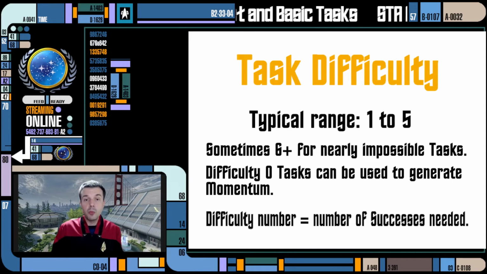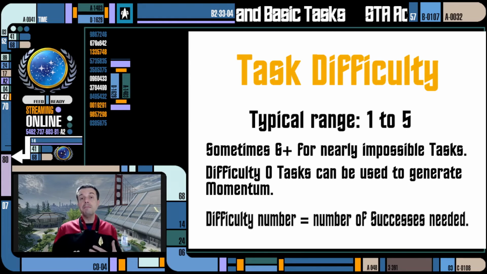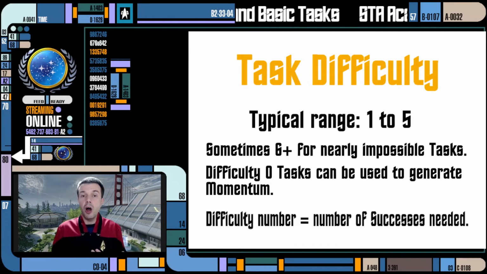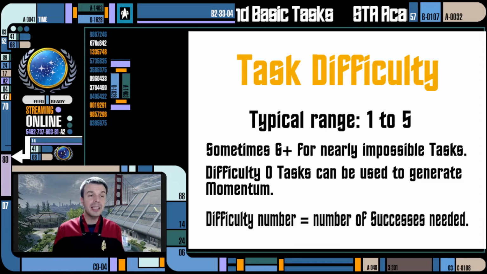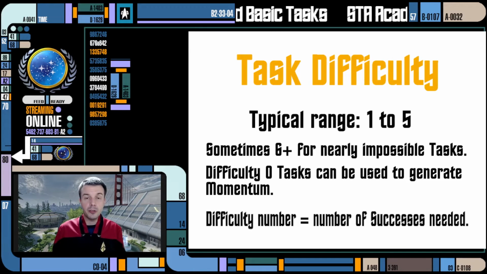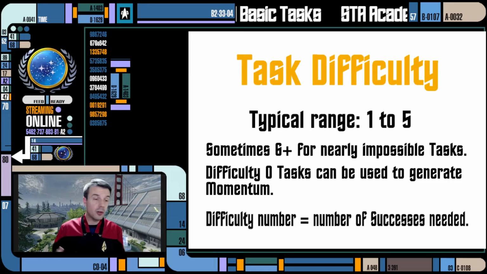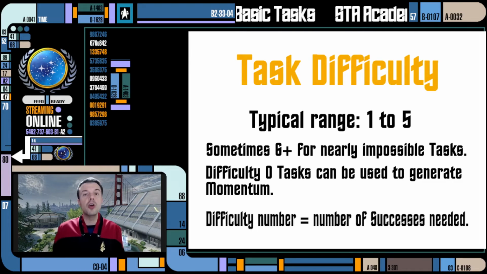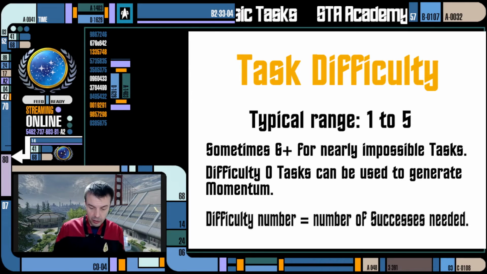However, there are reasons to call for a 0 difficulty, and sometimes things might be massively, almost unfathomably impossible. So you might bump up the difficulty to 6, 7, 8, who knows where. But in general, 1 to 5 is the range for a task in Star Trek Adventures.